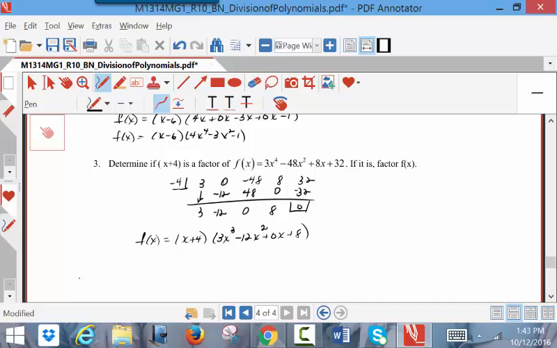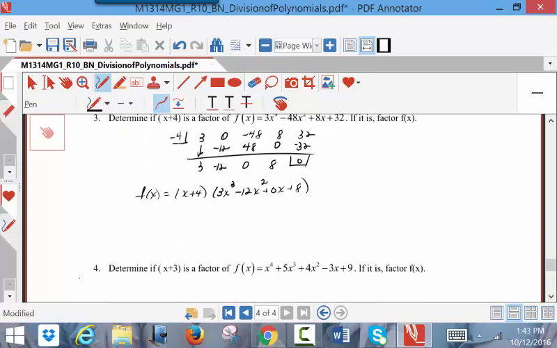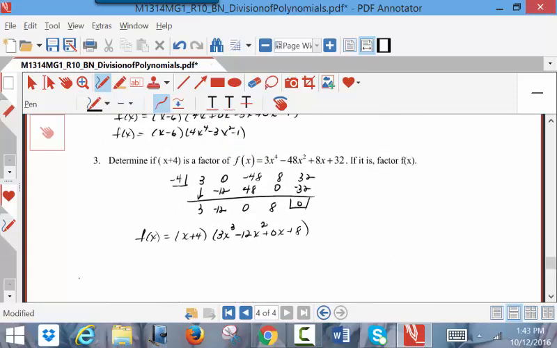Really fun stuff, guys. Now, if that remainder is not 0, it does not factor. If your remainder is not 0, you do not get to factor. And the question says determine if it is a factor or not. Actually, the answer is yes. And then this is the factored version.